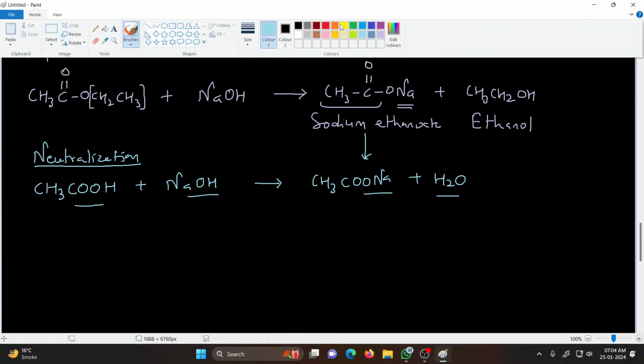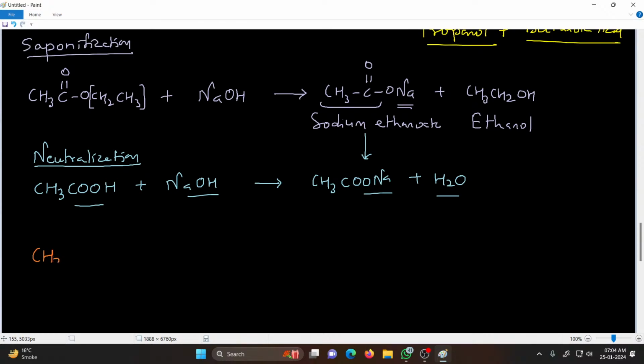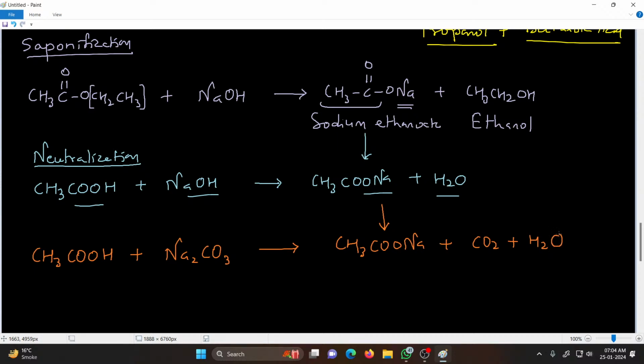Similarly, the reaction with metal carbonates: acid CH3COOH, when it combines with carbonate Na2CO3, again gives you salt, carbon dioxide and water. The salt is again CH3COONa, same salt, sodium ethanoate, along with carbon dioxide and water. I had 2 sodium over here, so you have to write 2 here and 2 here, so that it will balance.